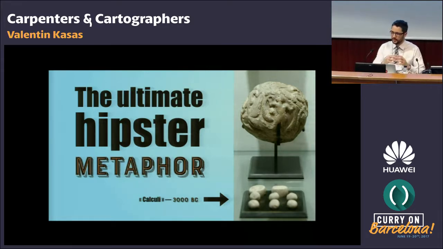And so these little balls were used as metaphors for the quantity of cattle or grain they were sending to the government. But the problem was that to count and to verify that the amounts were correct, you had to break these little balls of mud, this envelope, to get back the little stones, and to count and compare the numbers.